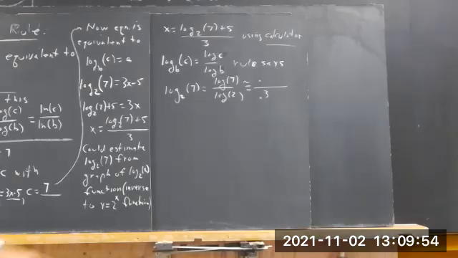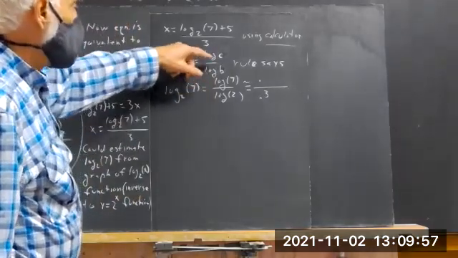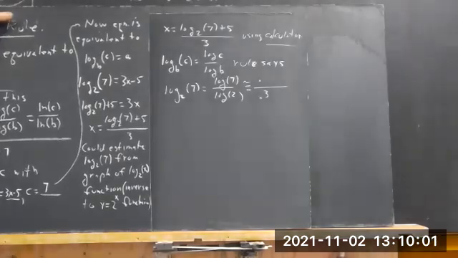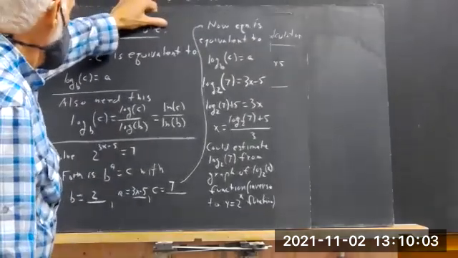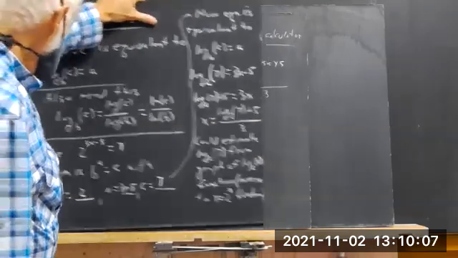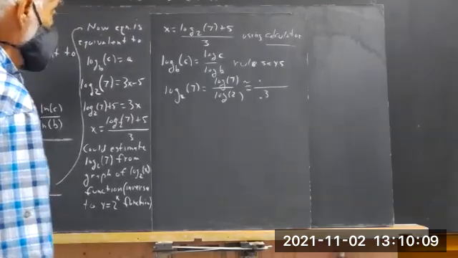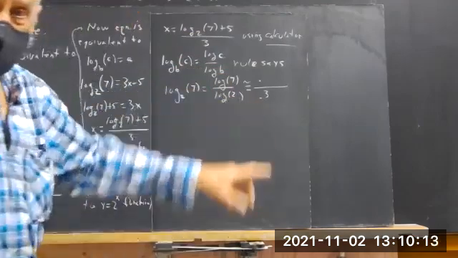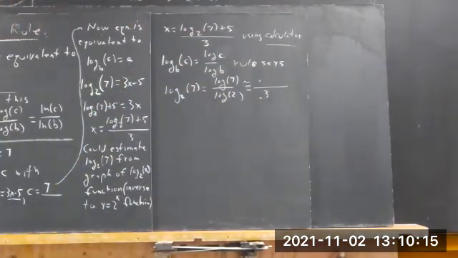Okay, quick correction. This wasn't right. I had b here and c here because I was being careless. Now it's right over here. Anyhow, it does come out log 7 over log 2. So what we want to know is you take your calculator.